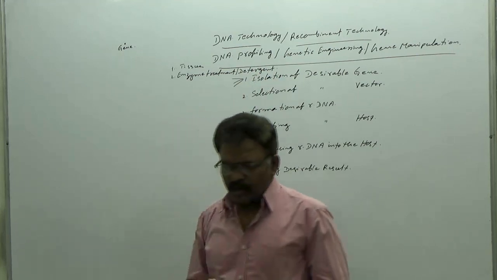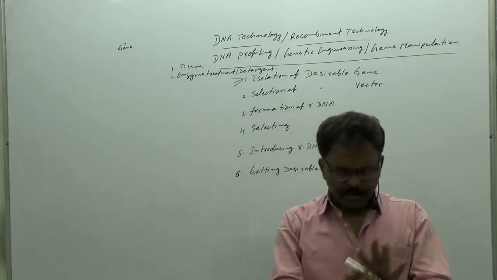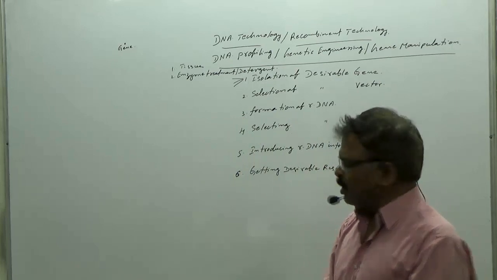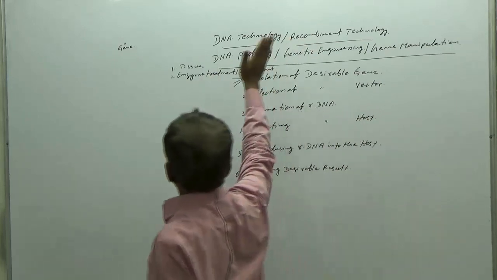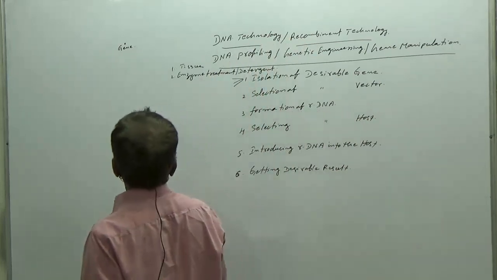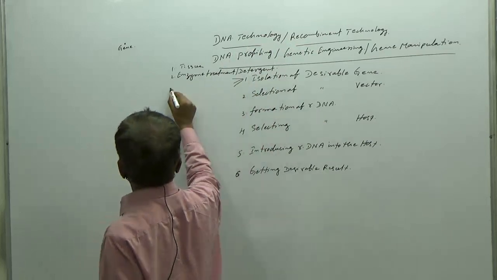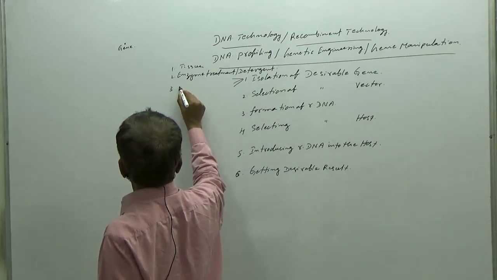Then automatically the cell wall, cell membrane and nuclear envelope are all eliminated. Then after the enzymatic treatment, they select the chromosomes.